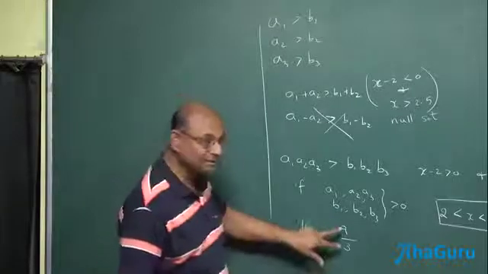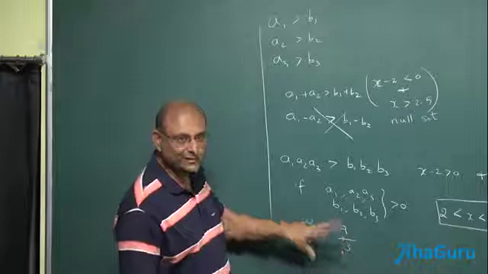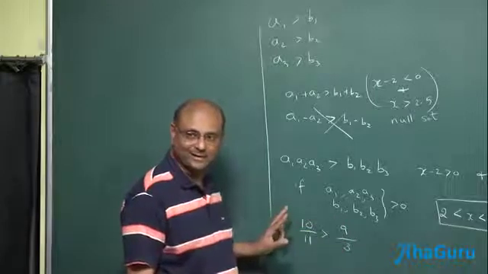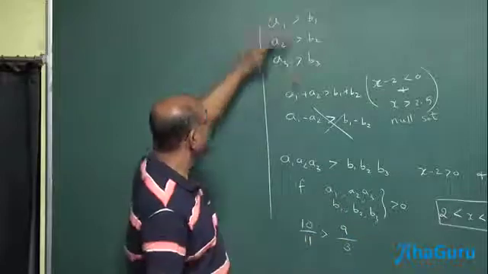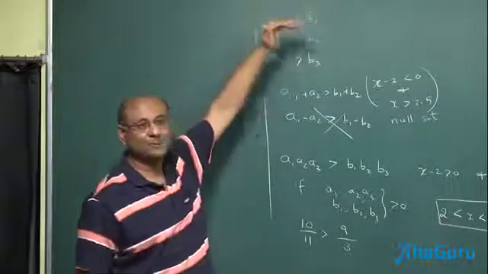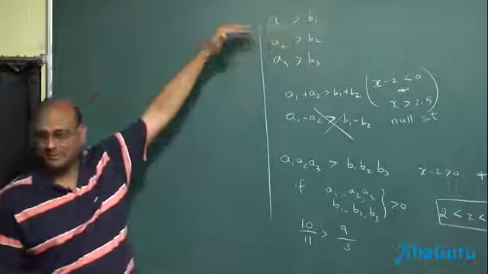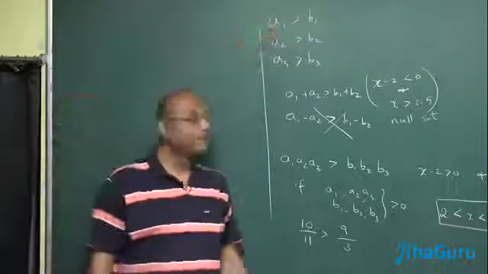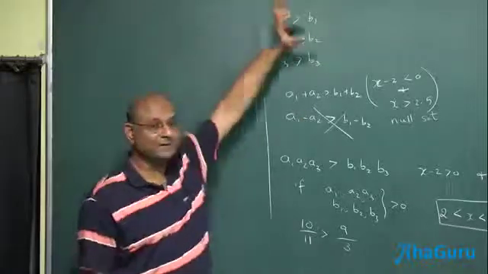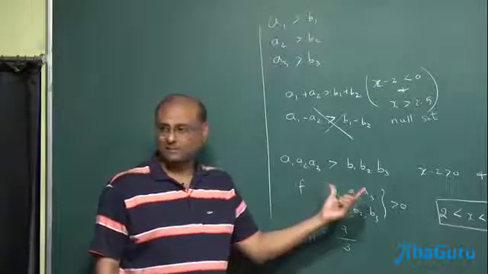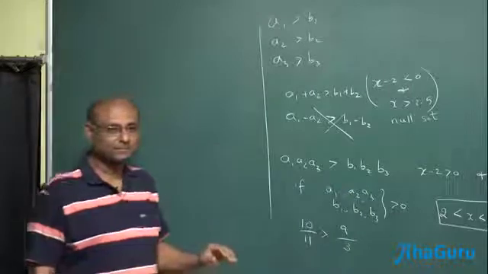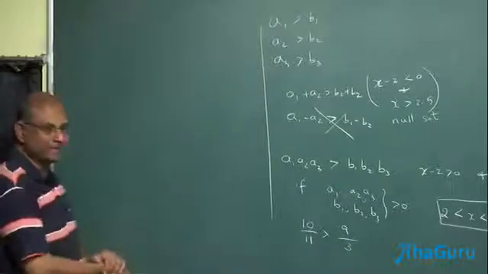So it depends on whether this ratio is bigger or that is bigger. It doesn't mean this will never be satisfied. A1 by A2 could be bigger, but you can't be certain that A1 by A2 is always bigger than B1 by B2. But you can be sure A1 A2 will always be bigger than B1 B2. So the product is true if the numbers are positive, but division you can't be sure. This is what makes inequalities a little bit more tricky.